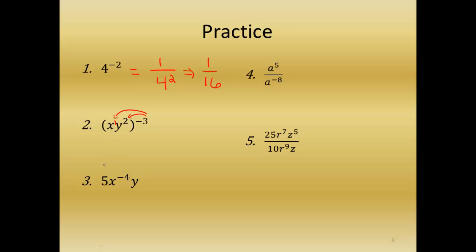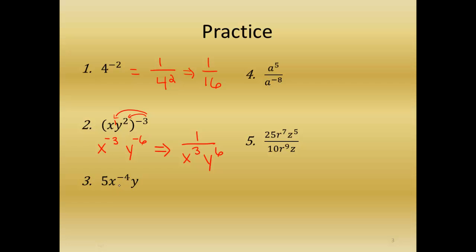The x has an exponent of 1, so it's x to the negative 3, y to the negative 6. Then I'm going to use my negative exponent property, and I will write the reciprocal of those, 1 over x to the 3rd, y to the 6th.